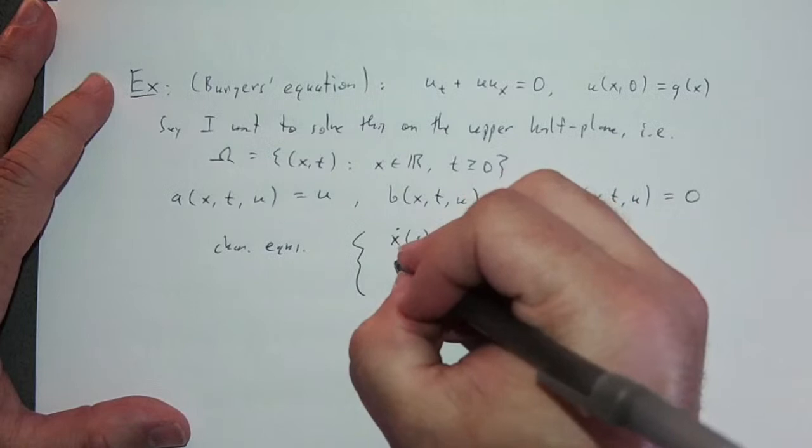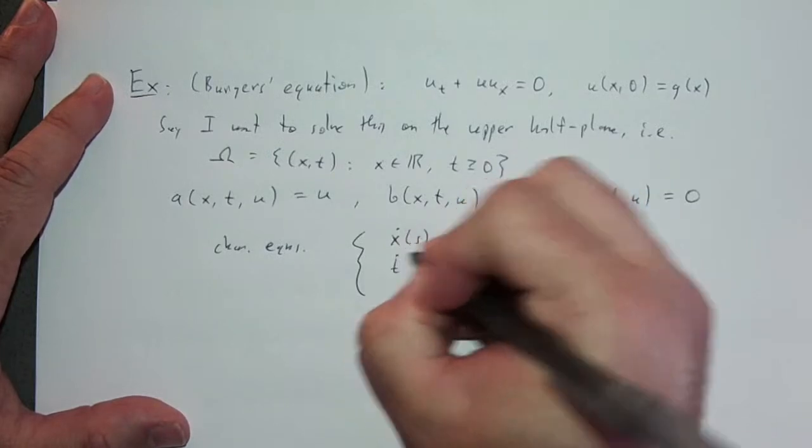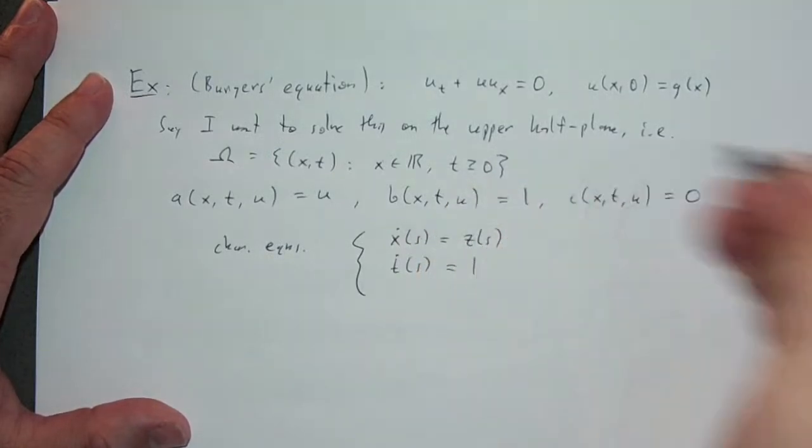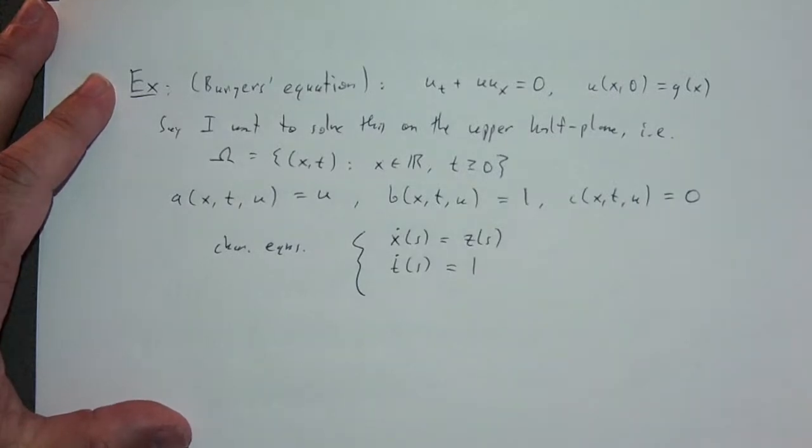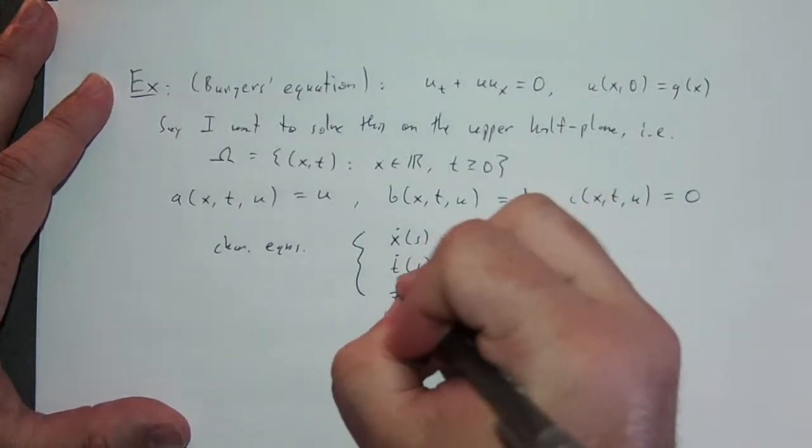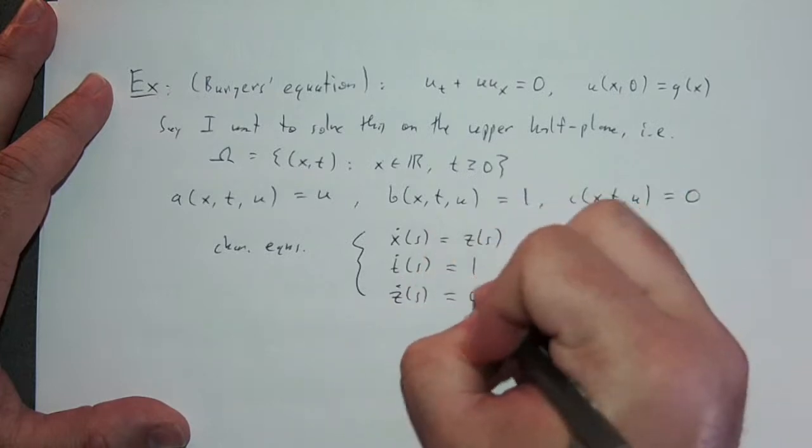I have t dot of s equal to 1, and I have z dot of s equal to 0.